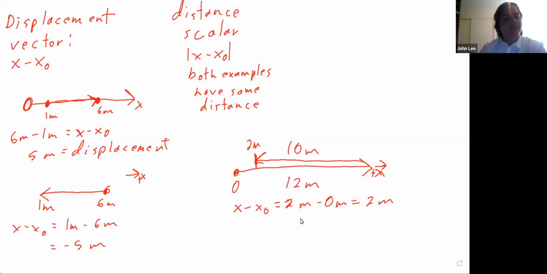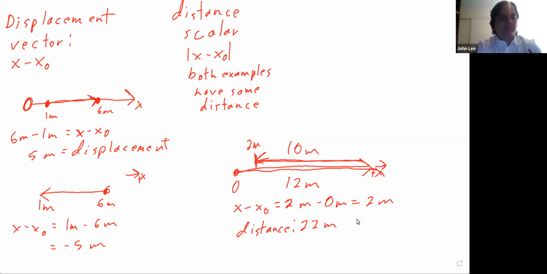But the distance traveled is going to be the absolute value of this first displacement vector that you traveled along, 12 meters, plus the absolute value of this negative displacement vector you traveled along, 10 meters. So that's going to be equal to 12 meters plus 10 meters, which is 22 meters, even though you ended up around the same place.